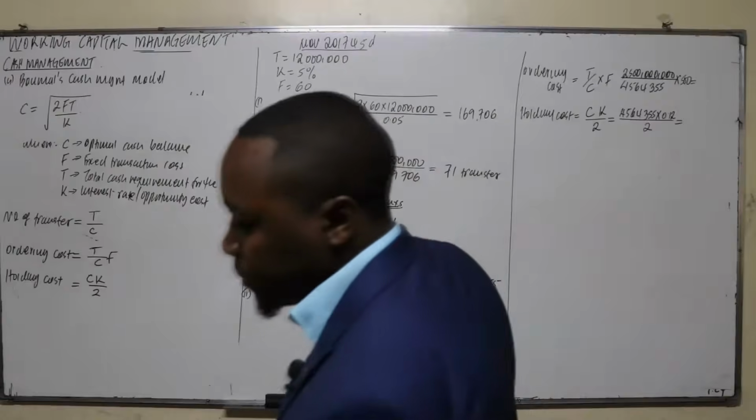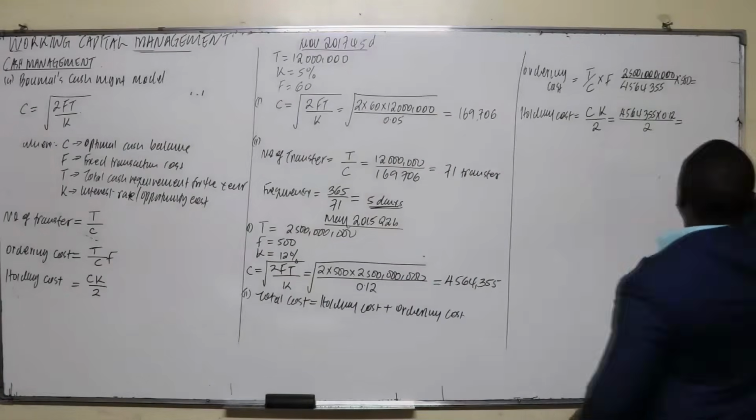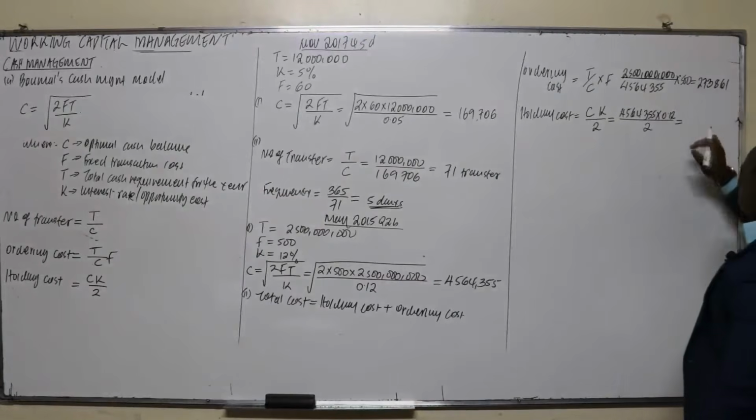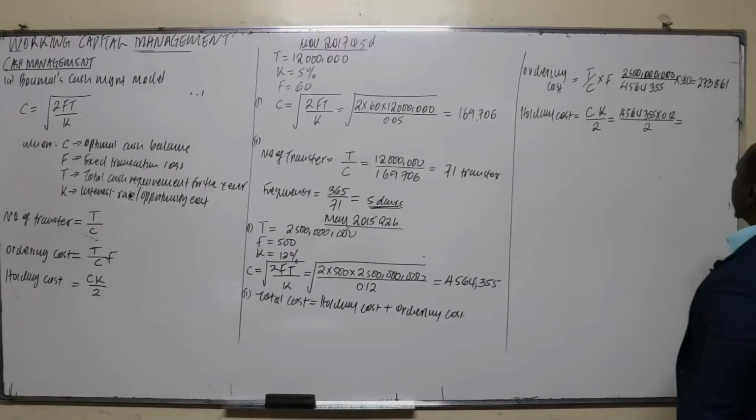How do you get? 273,861. About this. The same.